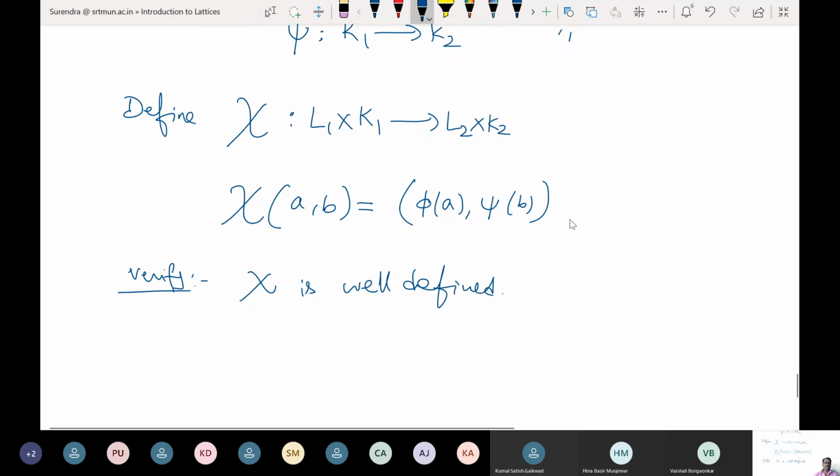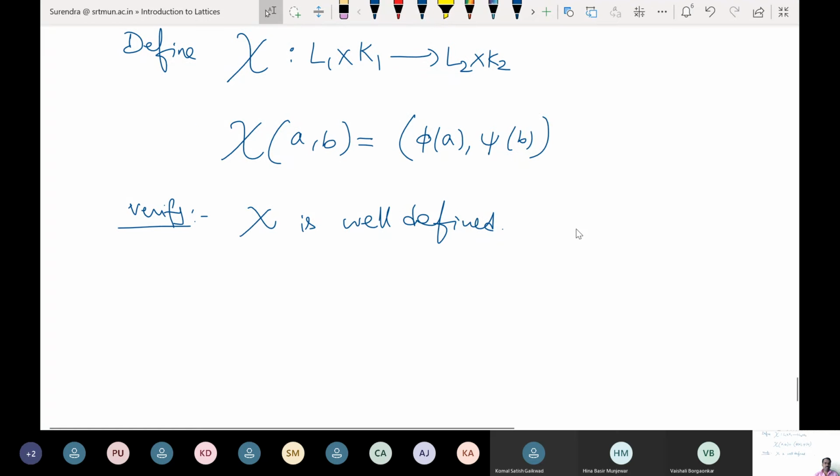And you can also show that it is one-one. Why is it one-one? Suppose chi of (A, B) is equal to chi of (C, D).